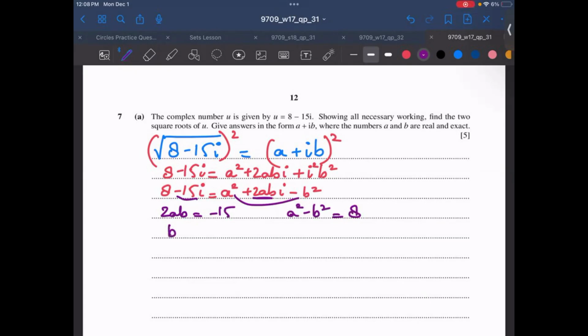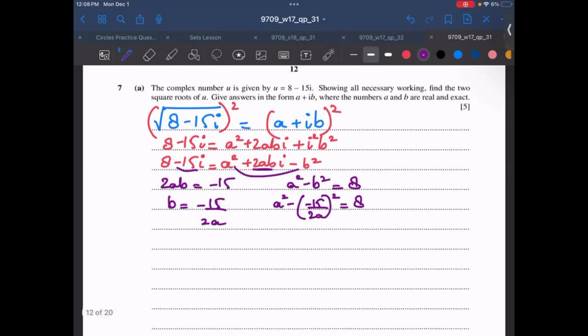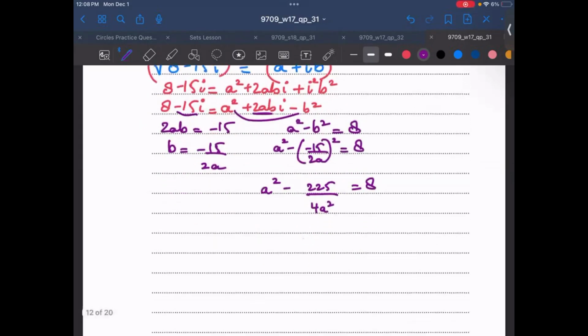We will get b is equal to minus 15 upon 2a. In place of b, now we'll write a squared minus (15 upon 2a) whole squared is equal to 8. Expanding this, we'll get a squared minus 225 upon 4a squared equals 8.